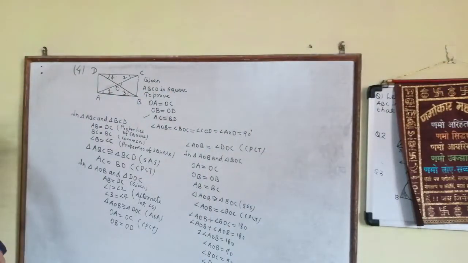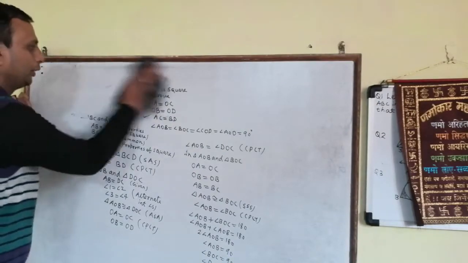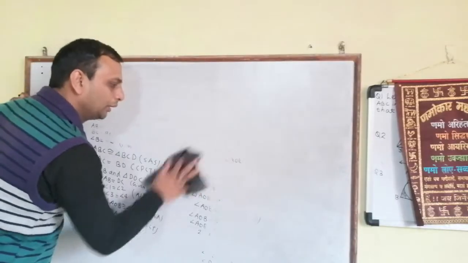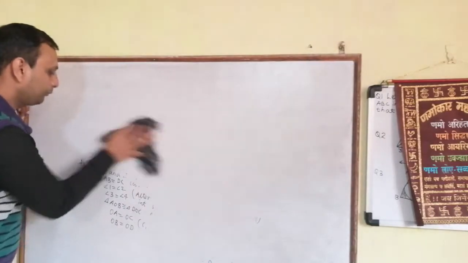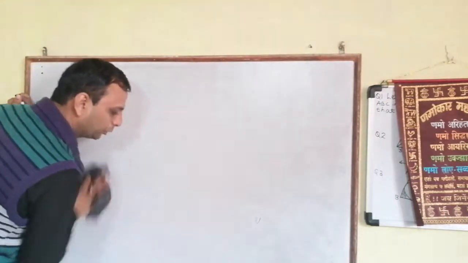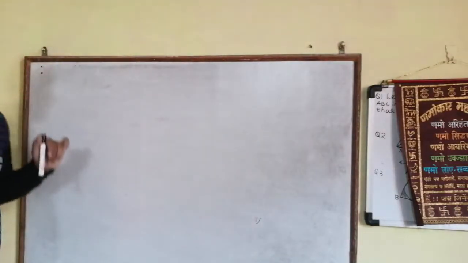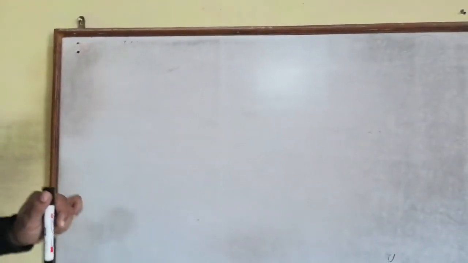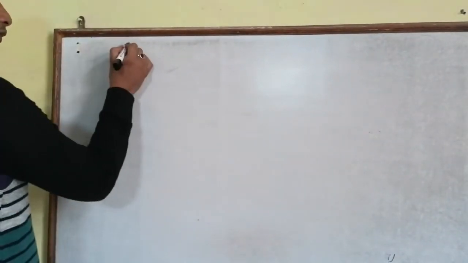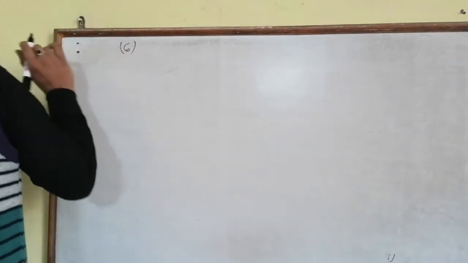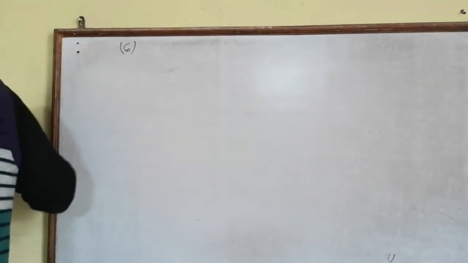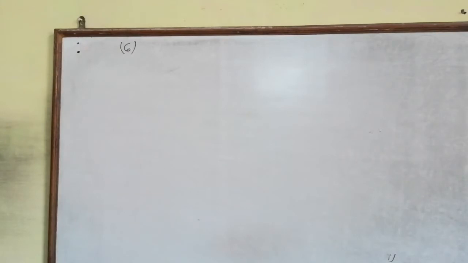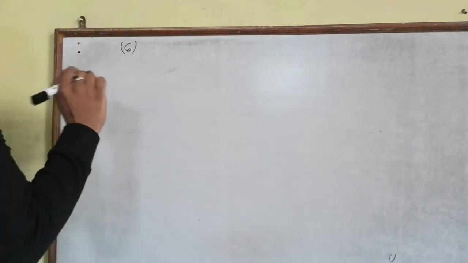This completed question number 4, and 5 is already done. Now we are going to solve the 6th one. From question number 6, these questions are not this lengthy, so we can solve them easily. Question number 6 says that a parallelogram is given, and ABCD is a parallelogram.